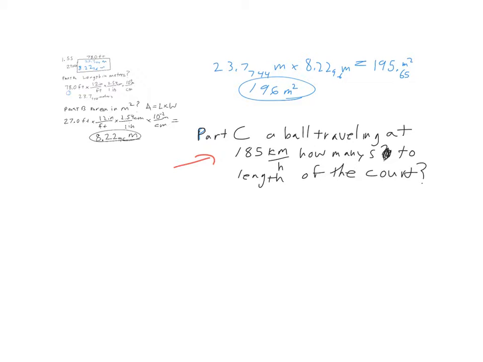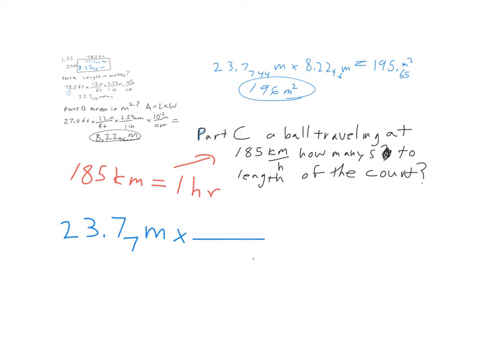We have a divided unit that tells us that 185 kilometers is equal to 1 hour. That means we need to find another number to start with, and that's going to be the length of our court. And we found earlier that the length of our court was 23.77 meters. So that's what I'm going to start my line with.